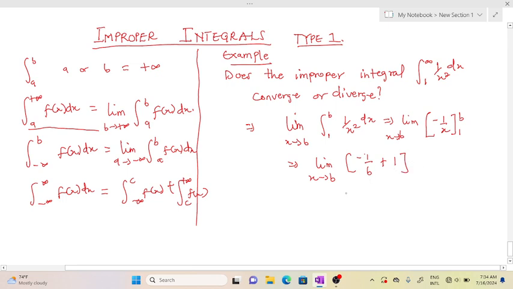So once I have this expression, what's the limit as b approaches infinity? Sorry, I made a mistake here.